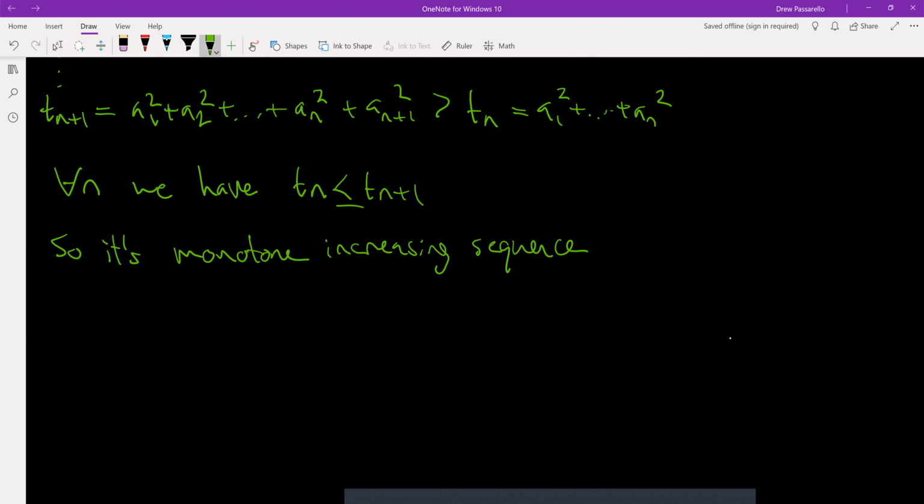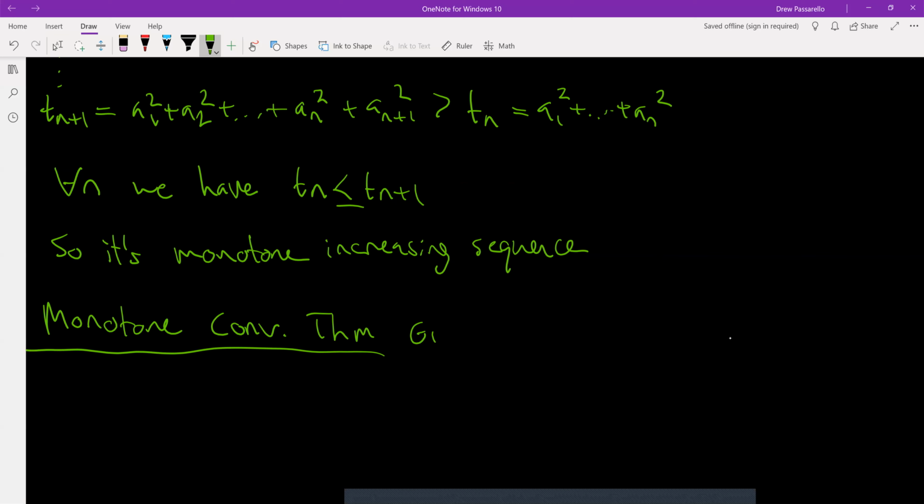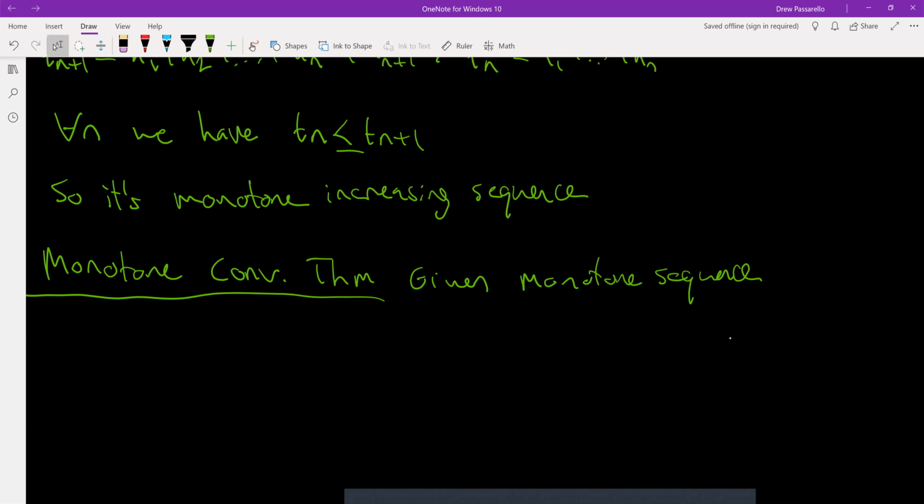So we know from the monotone convergence theorem, which says if you have a monotone sequence, let's say it's monotone, that it converges if and only if it's bounded.